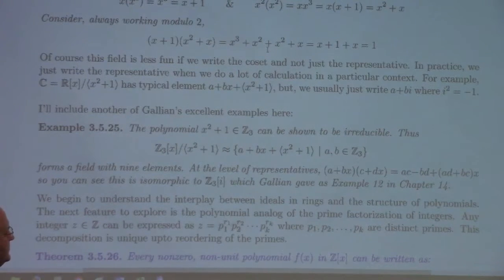So 0 gives you 1, 1 gives you 2, and 2 gives you 4 plus 1, 2 again, right? So anyway, all the possible values of x squared plus 1 are non-zero. Consequently, it doesn't factor. It's irreducible. So this is a field. So I think it's a fantastic way of constructing fields and things, right?